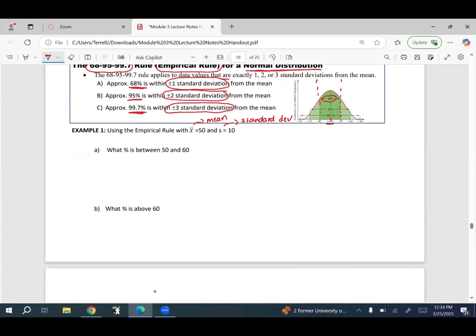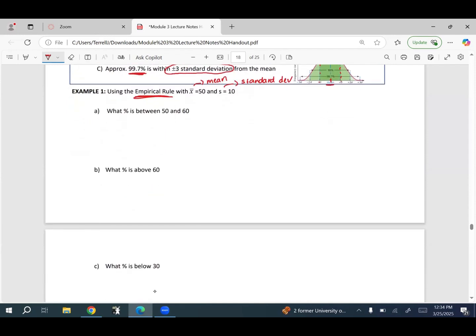If we're using the empirical rule, we know that we're dealing with a bell-shaped curve. They give us our mean, so I'm putting that in the center. The mean is 50, and just underneath, I'm making a note of the standard deviation. It's 10. They want to know what percent is between 50 and 60.